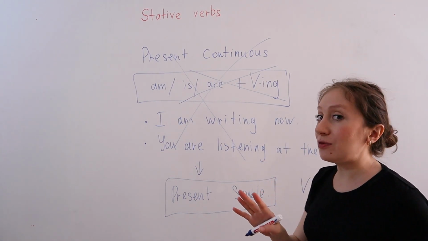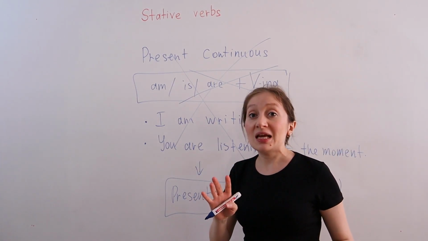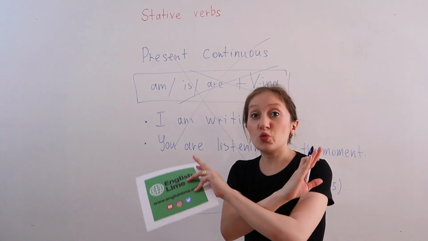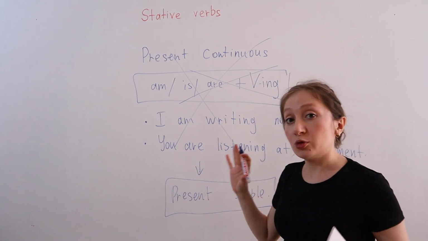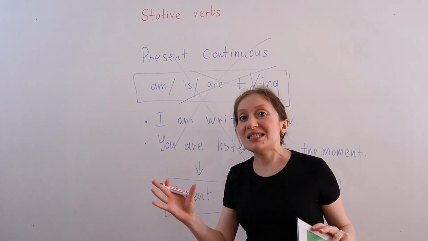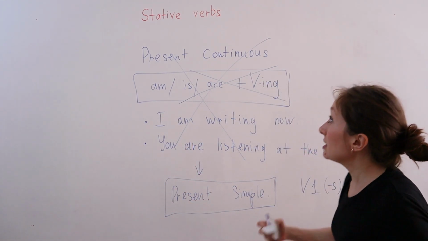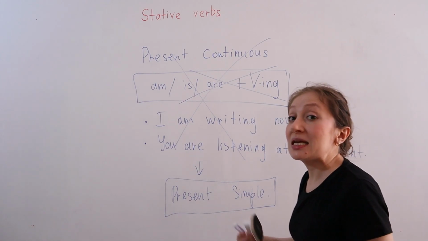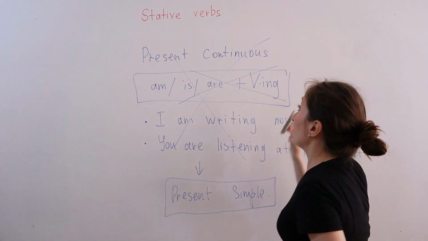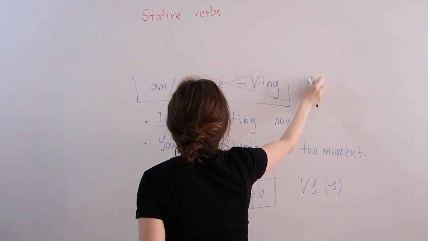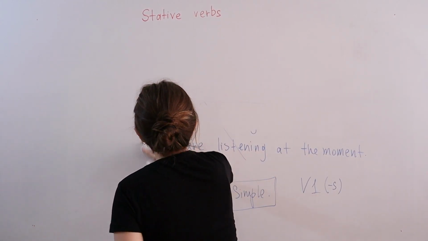So, I will give you these stative verbs that are not used with ing ending, and then we will try to make some sentences. Alright, so stative verbs in present continuous. No ing. I will write them down for you.